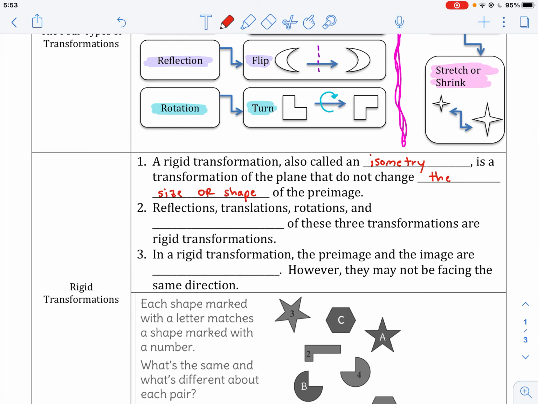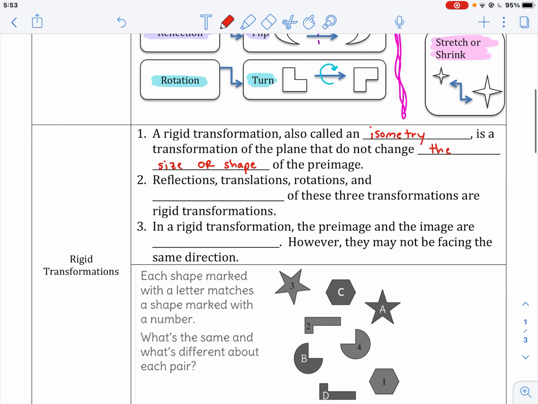Remember, the pre-image is the original, and then after the transformation we have the image, which is denoted by the prime demarcations. Reflections, translations, and rotations, as well as combinations of these 3 transformations, are rigid transformations.